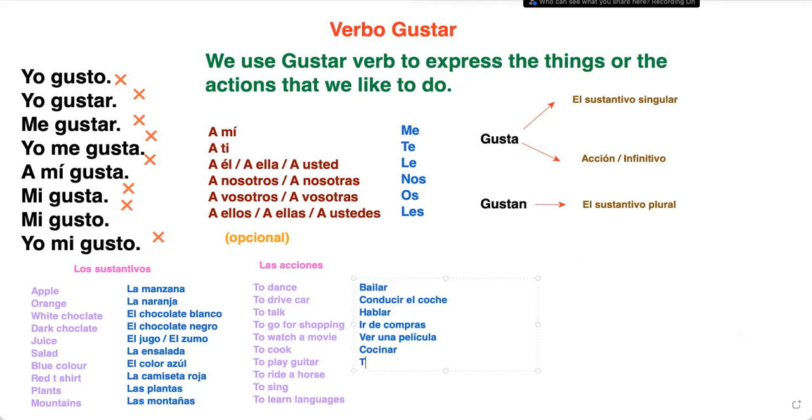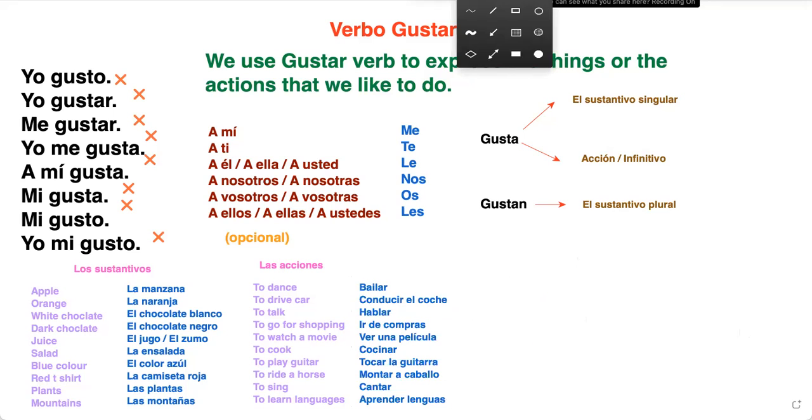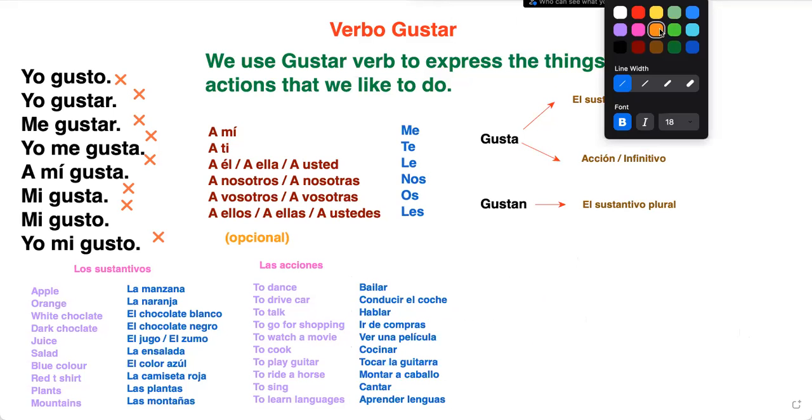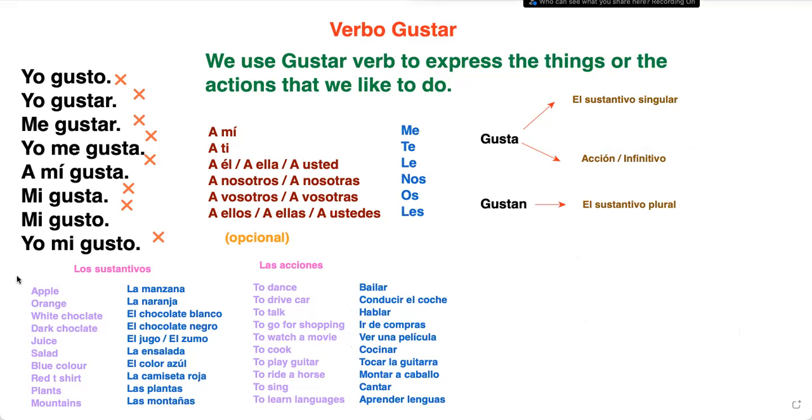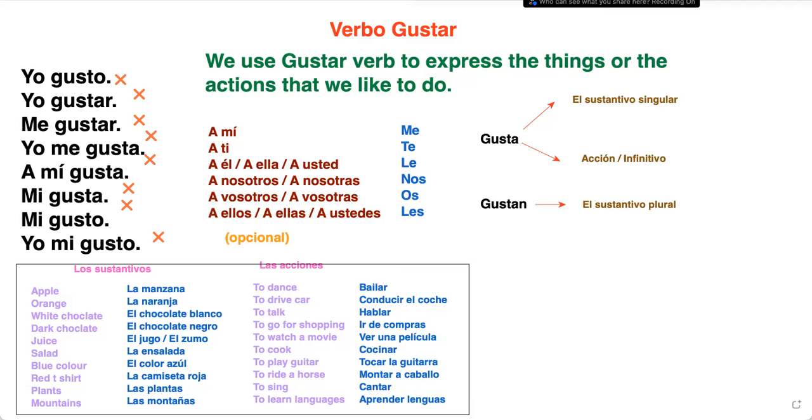Cocinar, to cook. Tocar la guitarra, to play the guitar. Montar a caballo, cantar, aprender lenguas. So this is the vocabulary that we are going to use to talk about the things or the actions that we like to do.